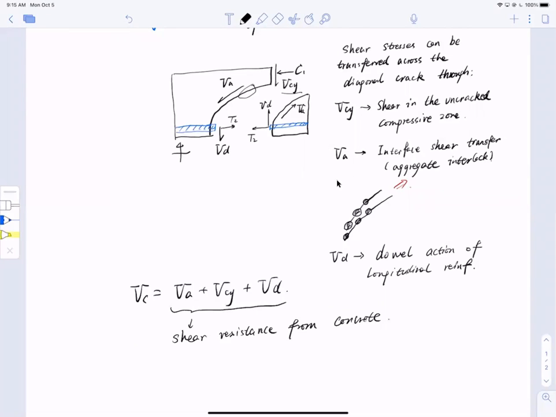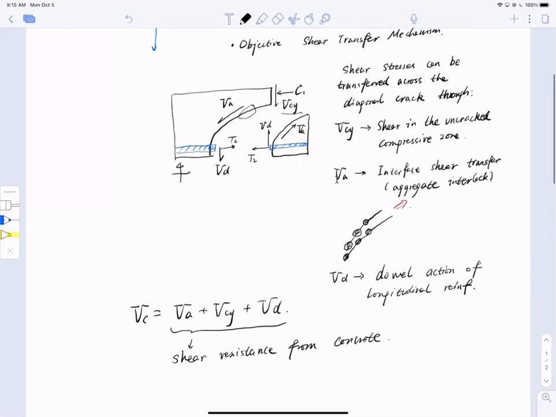All these three mechanisms constitute the shear resistance from concrete alone. That is to say, if the shear force applied to the section is smaller than the shear resistance that can be provided by the concrete, I'm safe. So that is the shear resistance from concrete.